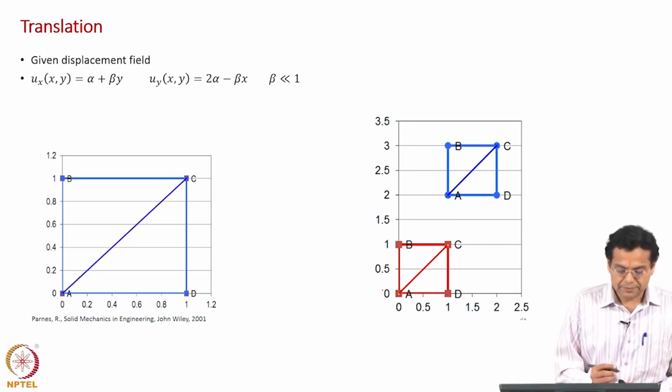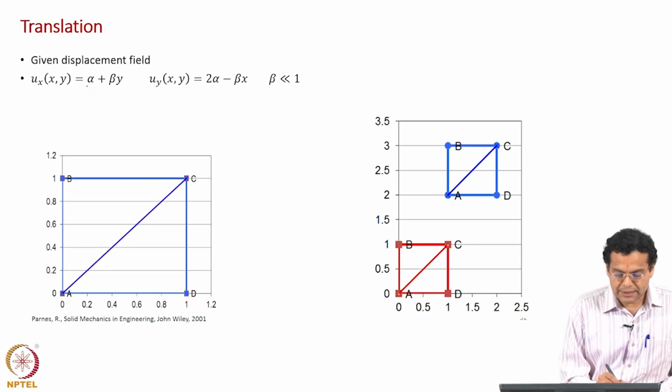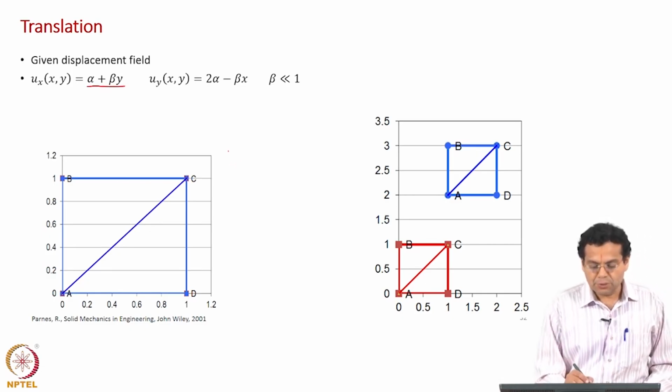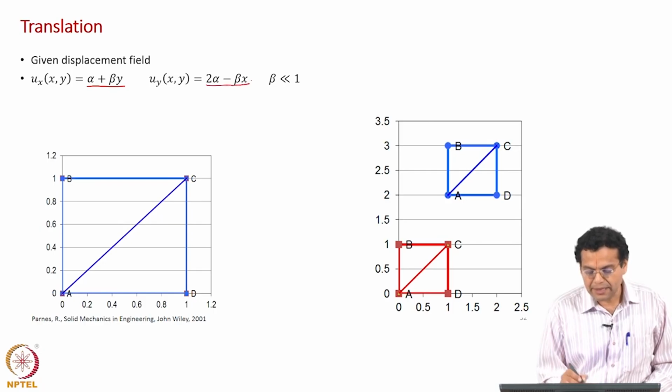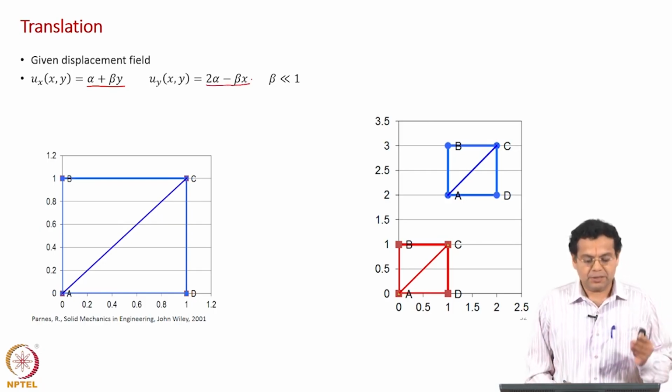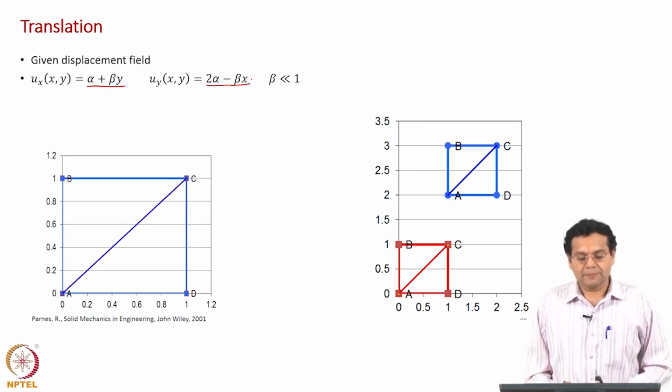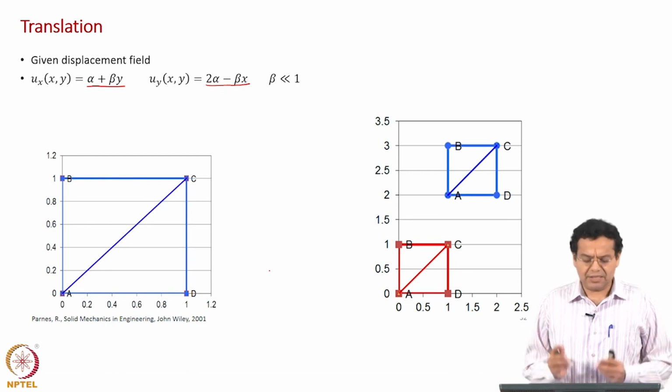We have taken Ux as alpha plus beta y and Uy as 2 alpha minus beta x. So, as I told you, Ux depends on y only, Uy depends on x only. Now, alpha and beta are constants, and we have a condition that beta is very small, much smaller than 1, okay, extremely small in fact.